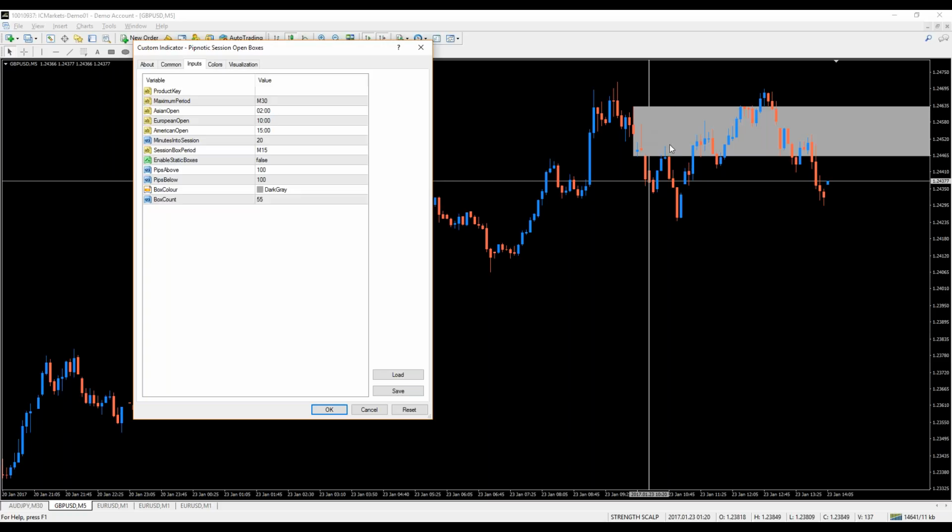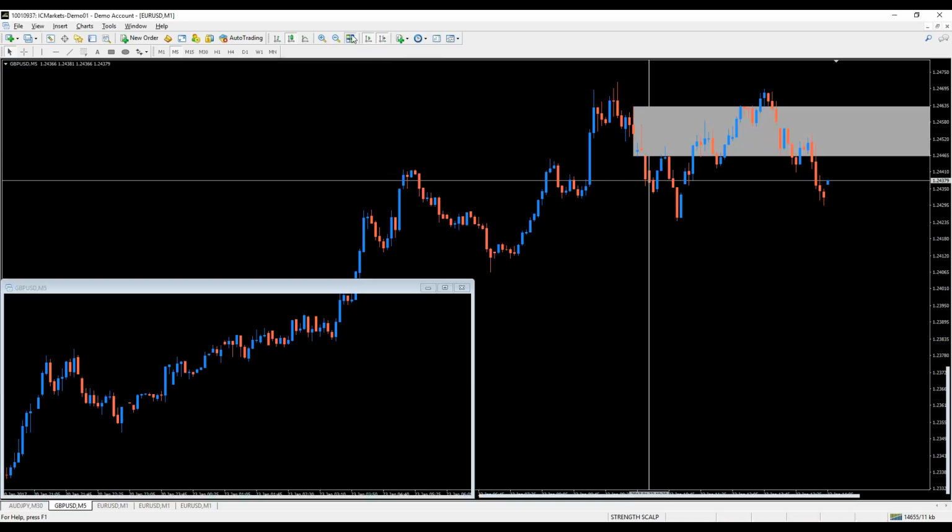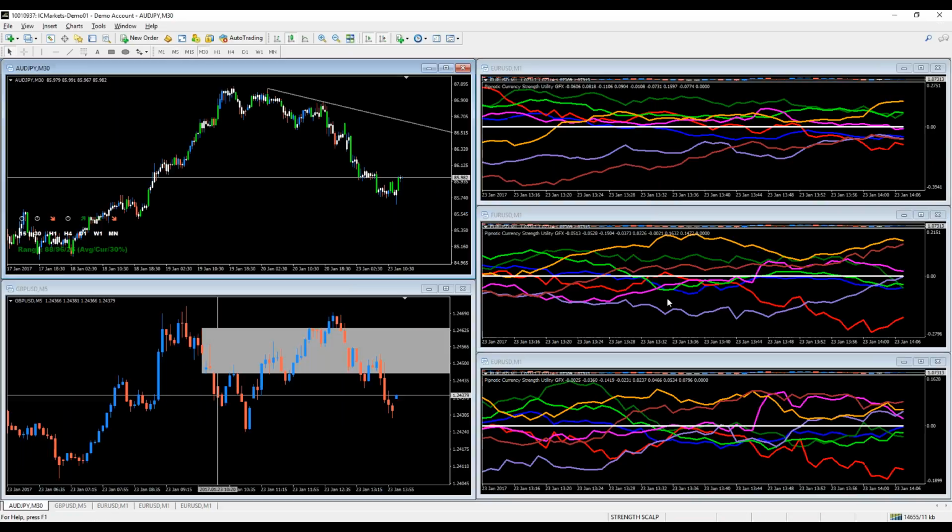So it'll keep adjusting itself, getting wider and wider until the first 15 minutes of the session closes, and then it'll lock, it'll close. And so then you'll be able to see when price starts to move outside of this box, which is important for this particular strategy. Okay, good. So we have that, we have the right side, we have the left side.